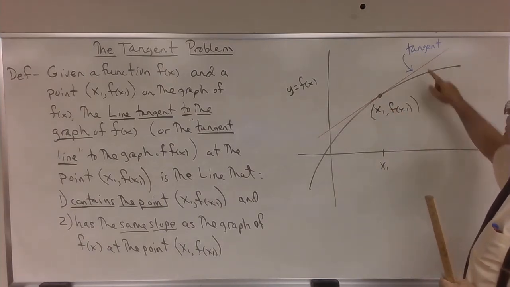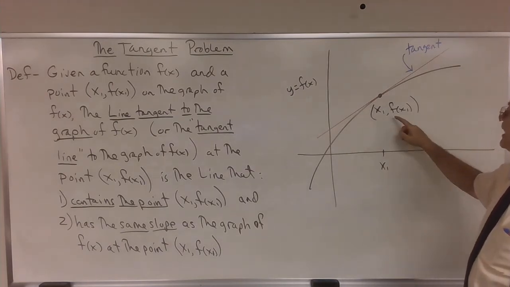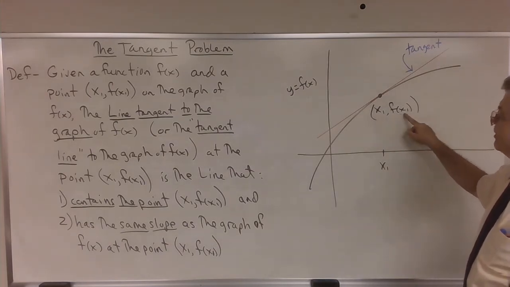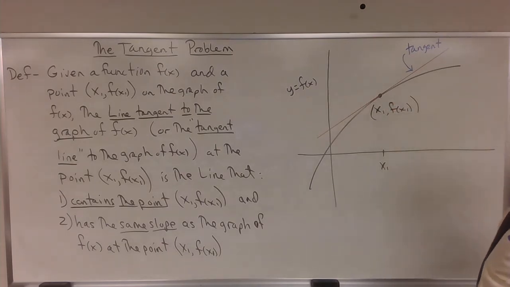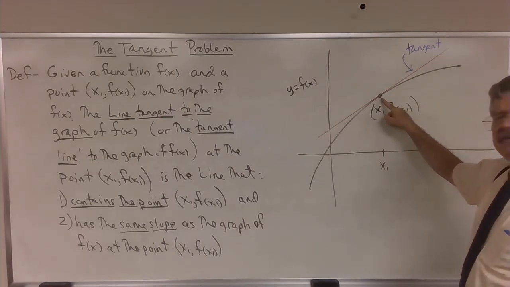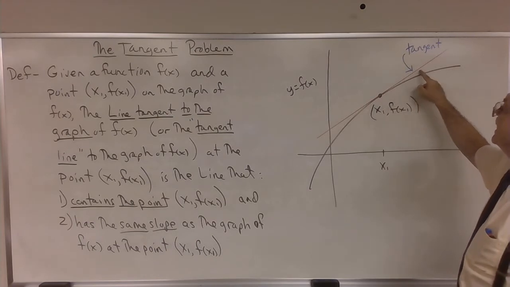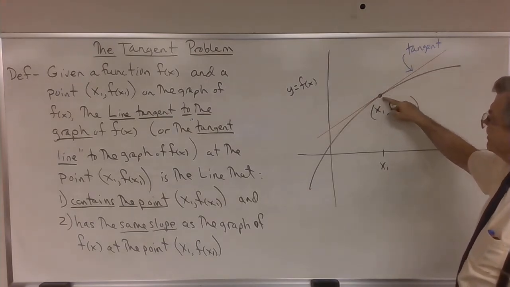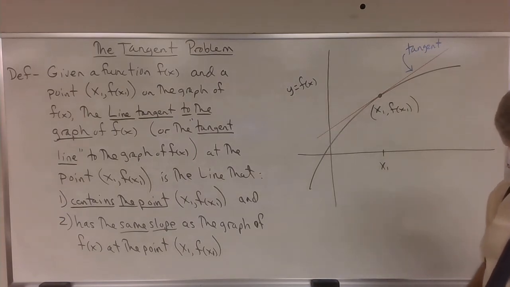Here's our tangent line. And notice, first of all, that the tangent line does contain the point x1, f of x1. And notice that right at this point x1, f of x1, the slope of the tangent line is exactly the same as the slope of the graph of f of x.